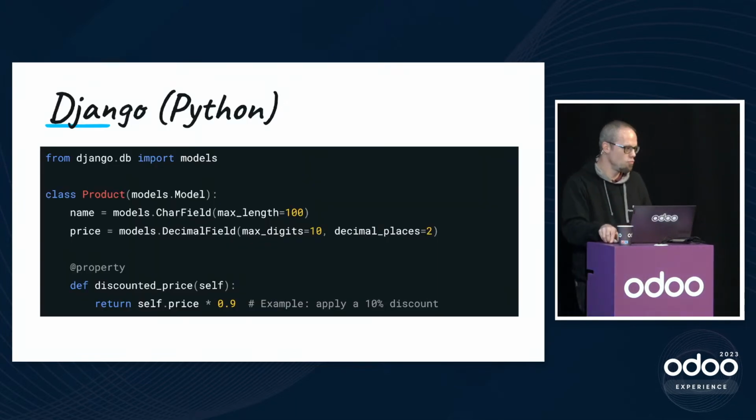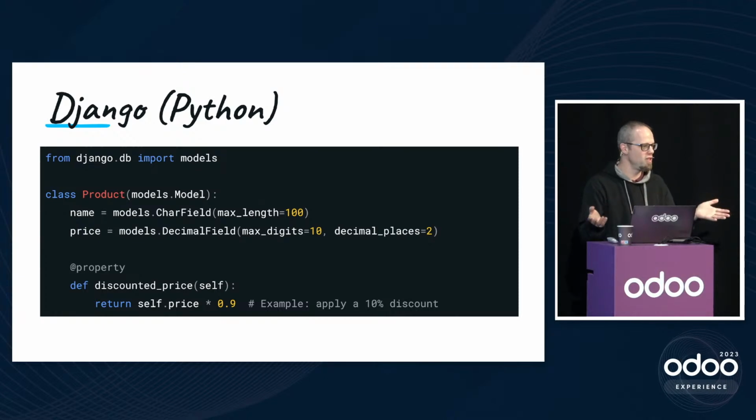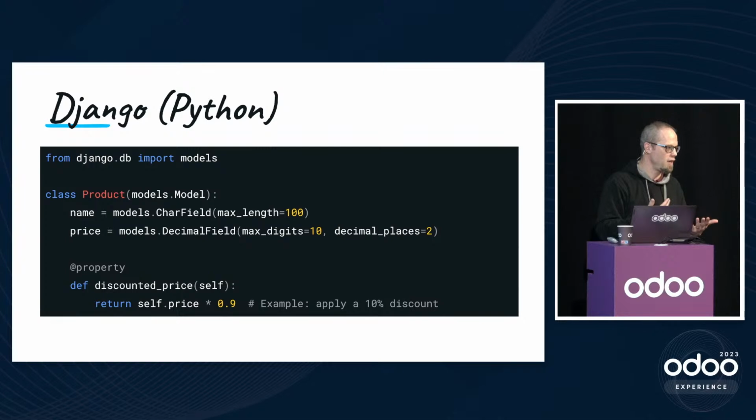Going back to Django, which is a very popular ORM in Python, essentially what you have is a simple Python property, which means it's just a computed attribute. So when you access the discounted price on an object, it applies the formula and returns the value. It's just like calling a method, except it looks like an attribute access.